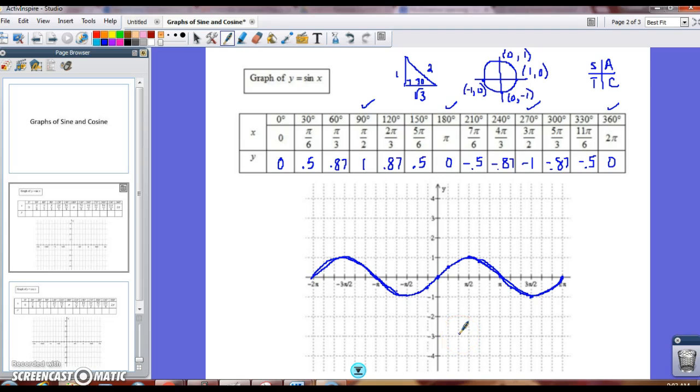It has translational symmetry of (2 pi, 0). That means it repeats itself every 2 pi, right? So at -2 pi it was at 0, but then it doesn't get back to 0 again until you reach 0. And then the graph doesn't come back, right?